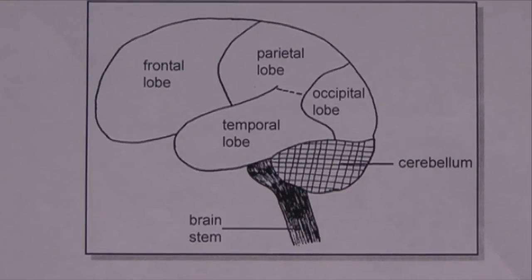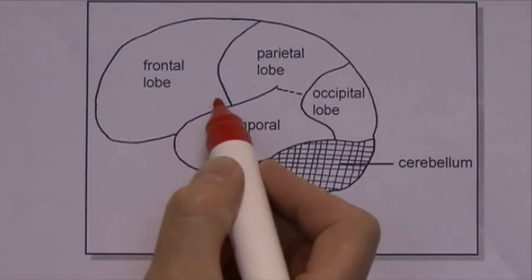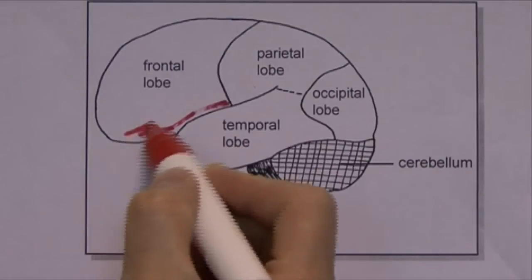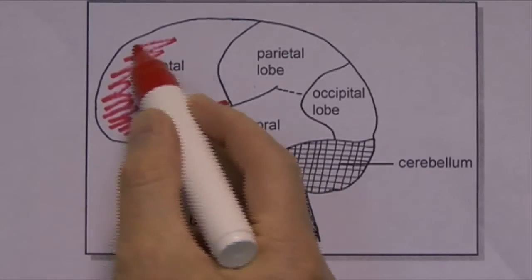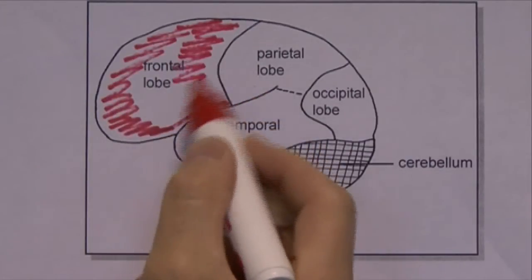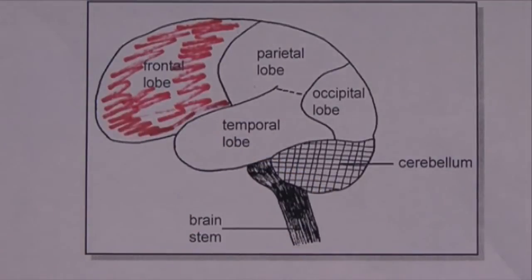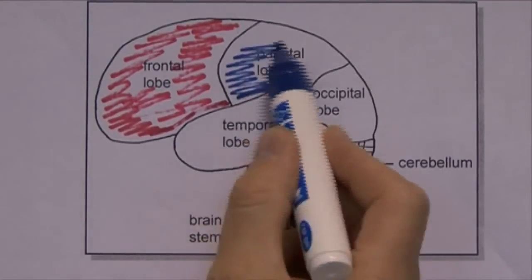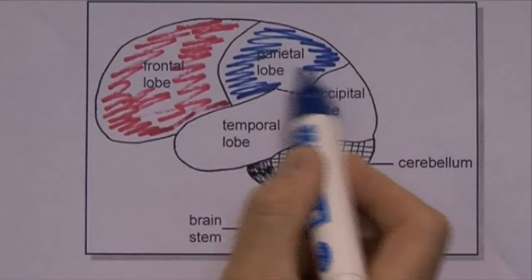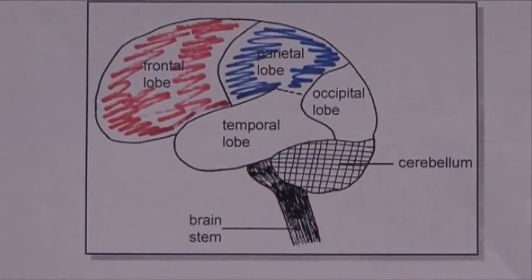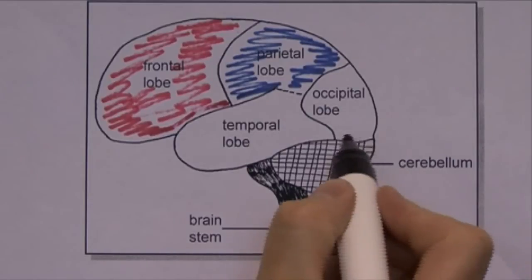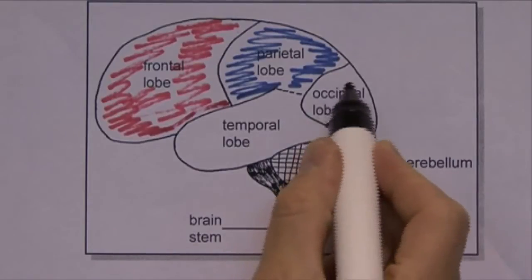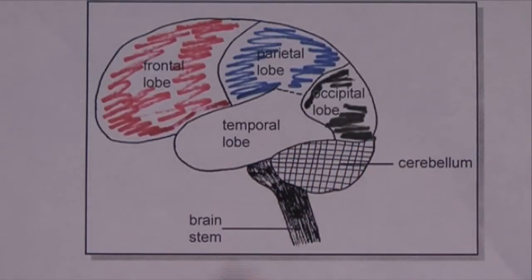So here we see a diagram I made before. This is the frontal lobes here, which we can just colour in. Then the parietal lobe is this area here. The occipital lobe at the back. The temporal lobe here.